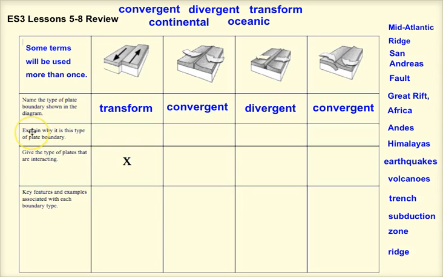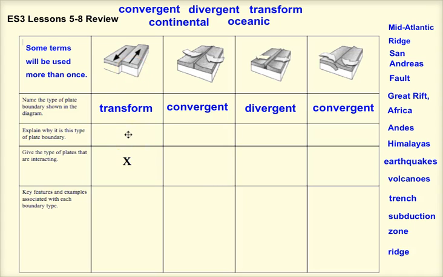Now here it says explain why it is this type of plate boundary. I don't have any neat words to move in for these spots, but let's talk through these. How do you know that this is a transform plate boundary? Well, the plates slide past each other.